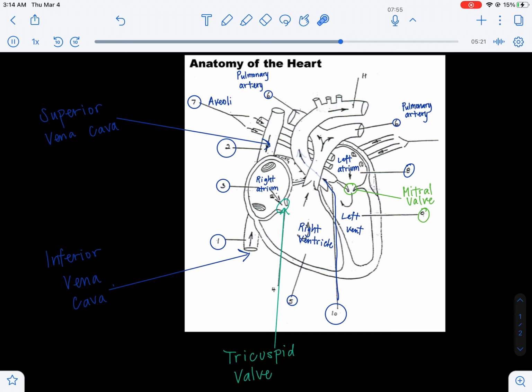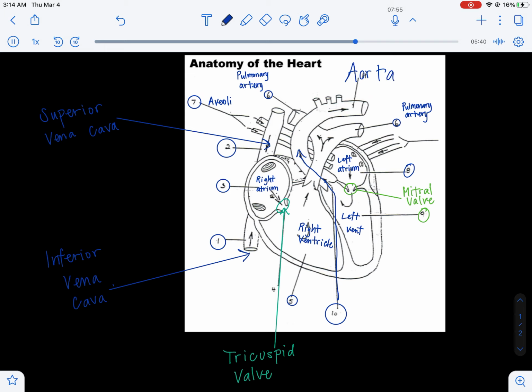Right there. That's the aorta. Okay, so now that I have labeled everything, next thing I'm going to do is tell you how the blood flows.